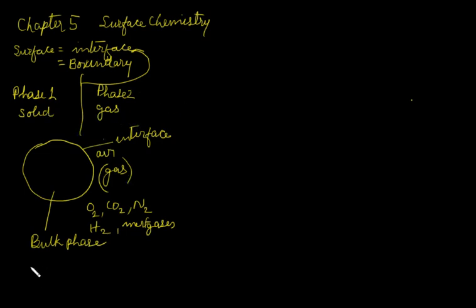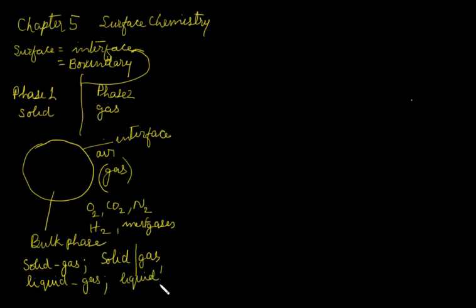How do you represent the interface between solid and gas? We can represent it as solid hyphen gas, or as solid slash gas. Similarly, liquid hyphen gas or liquid slash gas.